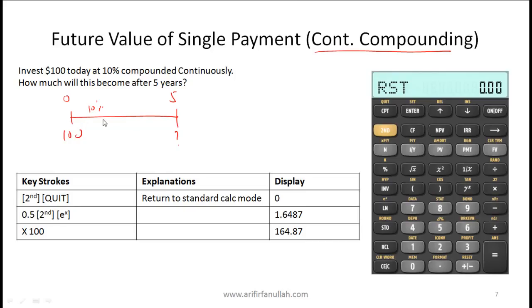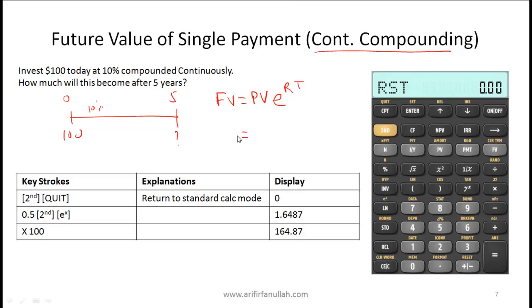Since we have continuous compounding, the concept of number of periods does not exist because money is compounding every instant. So the formula that we use here is the future value is equal to present value times e to the power of RT. R is the interest rate, T is the time.